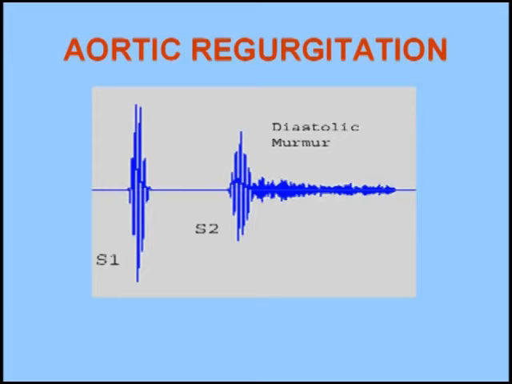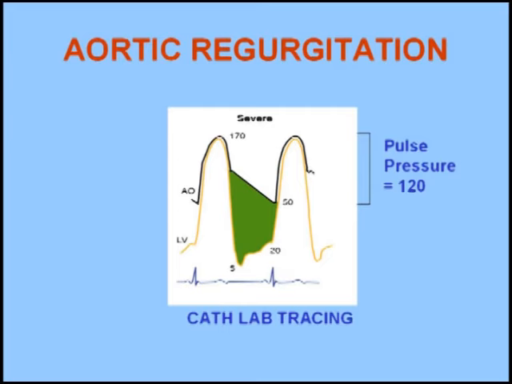The length of this murmur is directly related to the regurgitant volume in most patients. Typically, a pulse pressure greater than 100 millimeters of mercury accompanies severe aortic regurgitation.